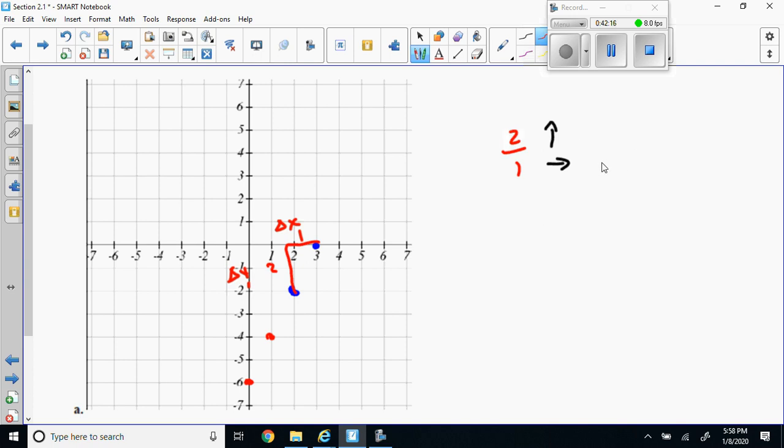If you ever have to switch gears and go in reverse, then both things flip, right? Up 2 now becomes what? Down, right? And the right 1 now becomes what? Left. Fair enough? So the y-intercept on this is what? -6. Questions on that? Good.